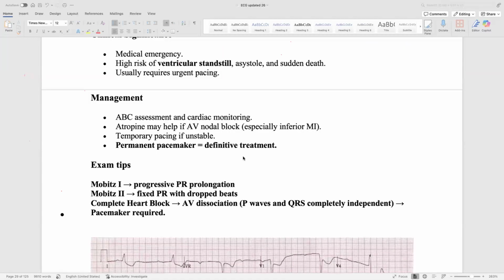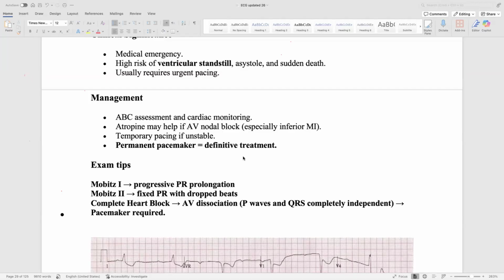Atropine may help, especially in inferior MI. But if it is completely destroyed, then no. Atropine works opposite to the beta blockers and calcium channel blockers. It can increase AV nodal conduction if the AV node is still alive.